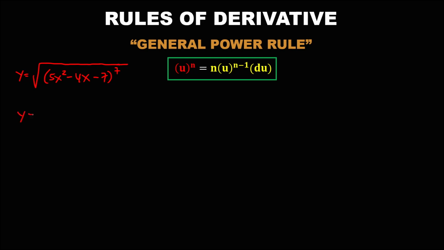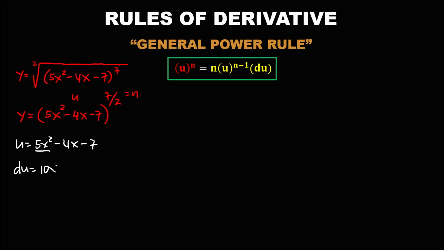So again, to rewrite this one in exponential form, this becomes the quantity of 5x to the power 2 minus 4x minus 7 to the power 7 over 2, for the square root, the root is 2. So this is now the u, and this one is n. So u is 5x squared minus 4x minus 7, and du is 10x minus 4.